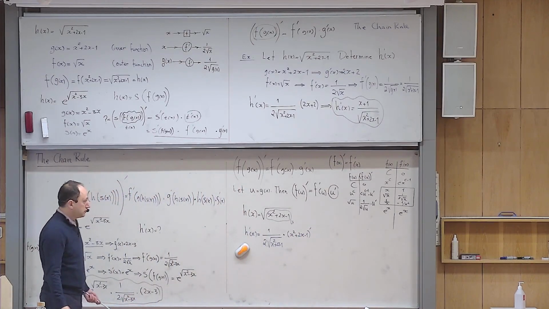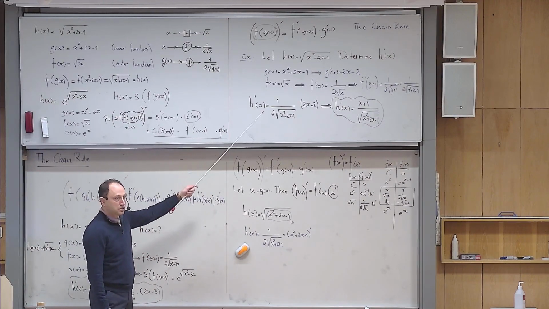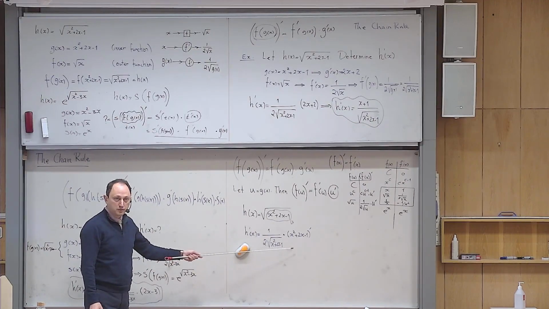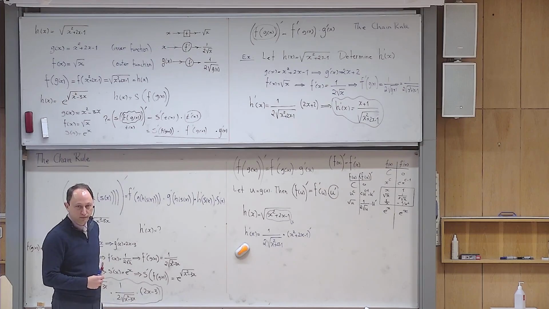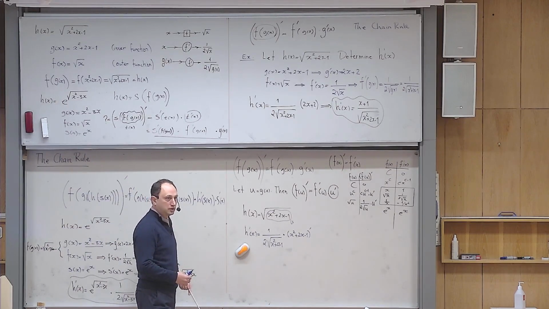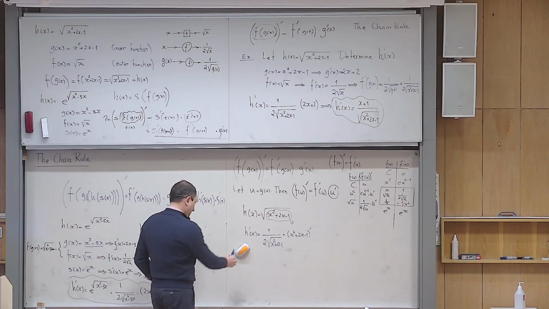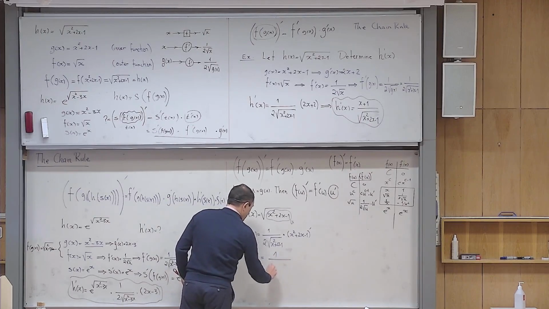Yes? That's it. So if you give me this, I will never write all these things. I just start writing h prime is this one. And I continue until there is no prime left. So there is one prime left, so I have to continue. And then I have to be a good copy machine because I have to copy and paste these parts. Yes. X squared plus 2x.